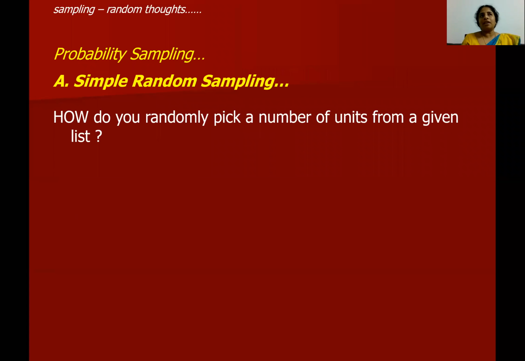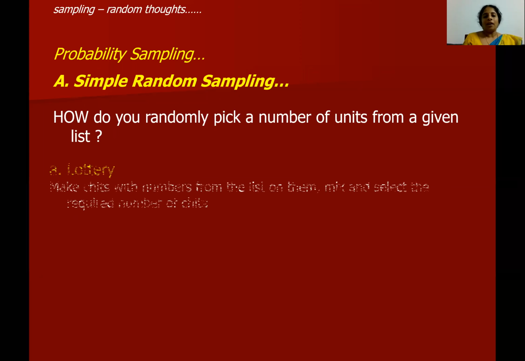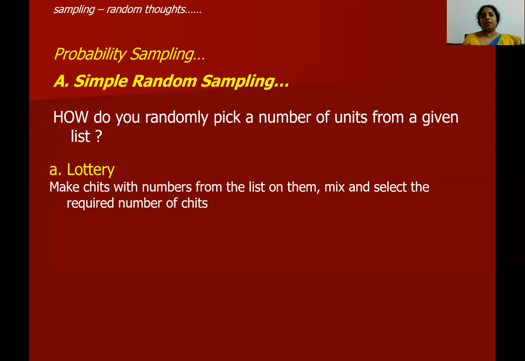So if I want to select 10 people from a batch of 100 students, how do I randomly pick these 10 people? That is what I'm going to tell you. I can do the lottery method. I can make chits with numbers from 1 to 100 and draw a lottery.